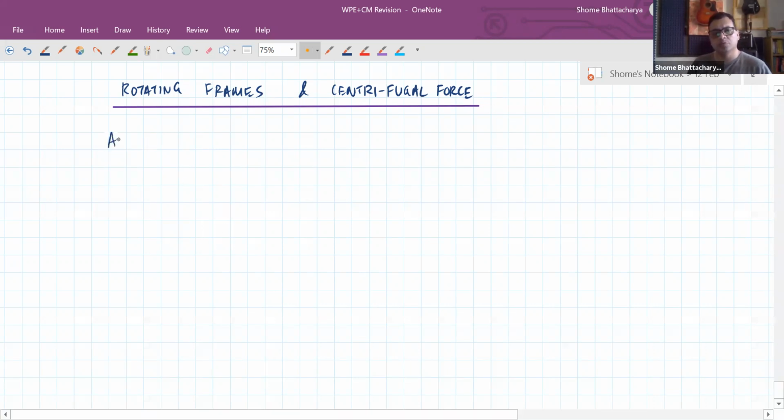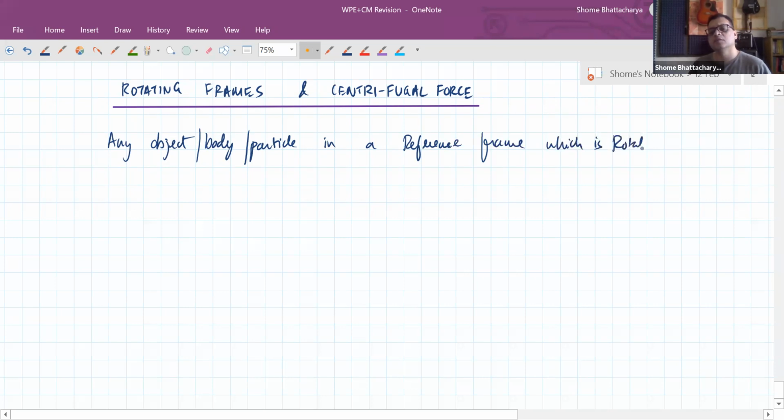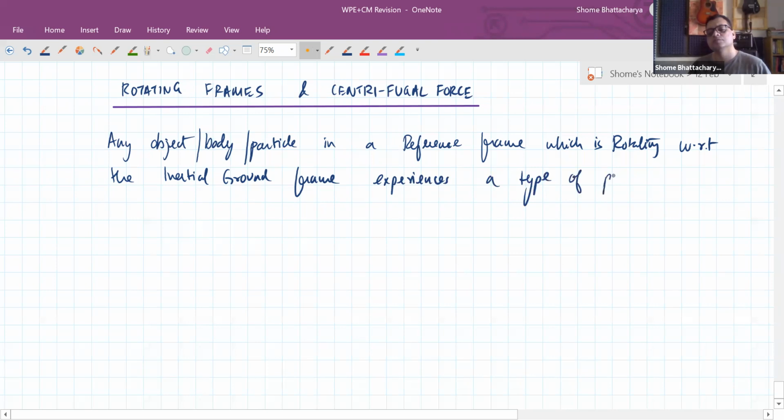So any object or body or particle or whatever in a reference frame which is rotating with respect to the inertial ground frame experiences a type of pseudo force called centrifugal force.